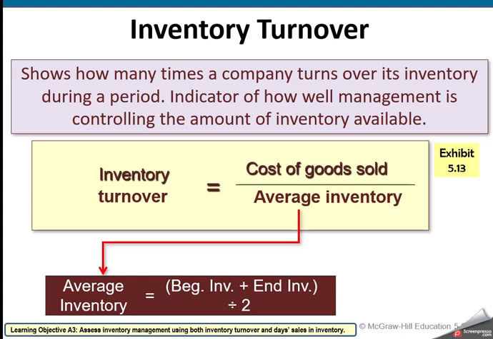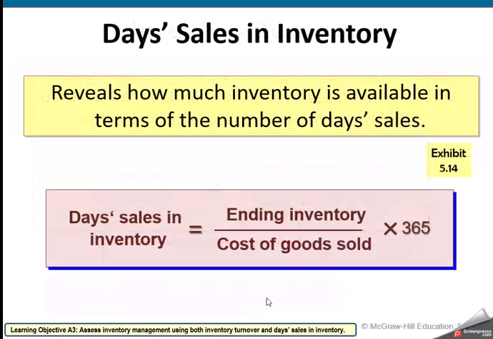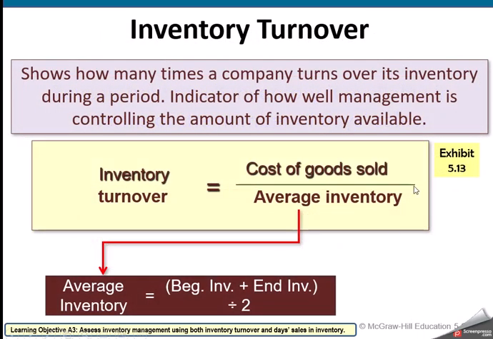Then our ratio for our inventory is our inventory turnover, and that is our cost of goods sold divided by our average inventory. And then the average inventory, we always take the beginning inventory plus the ending inventory and divide by 2. And then we can take that, and so let me go back, sorry. So that gives us a times.